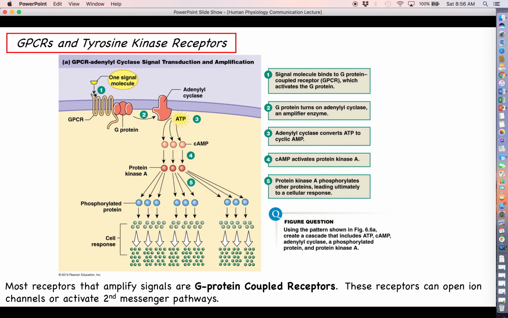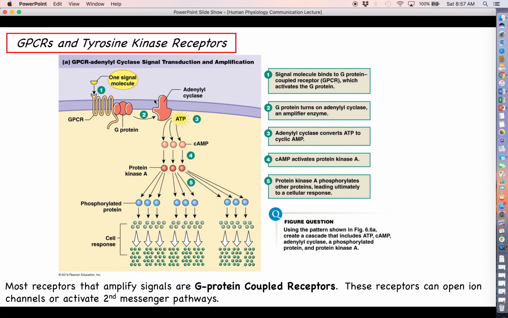Attached to the G-protein coupled receptor is, hence the name, what is called a G-protein. A G-protein is a complex of 3 different proteins. Those proteins are called alpha, beta, and gamma. So when the ligand binds to the G-protein coupled receptor, we are going to activate this complex of G proteins, and it is going to slide over through the membrane and activate an amplifier enzyme.